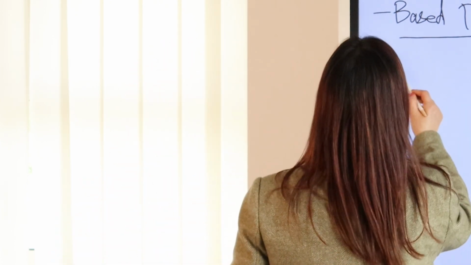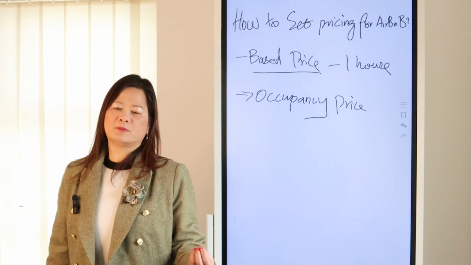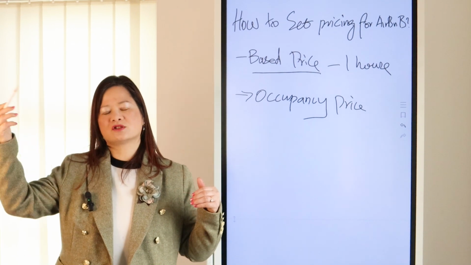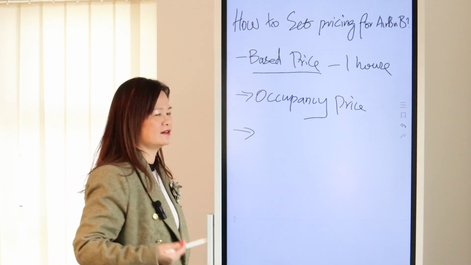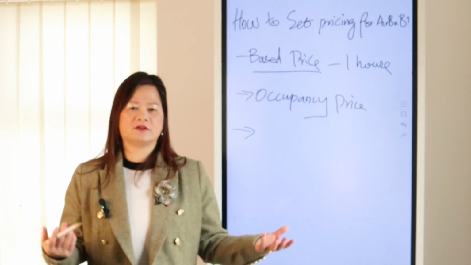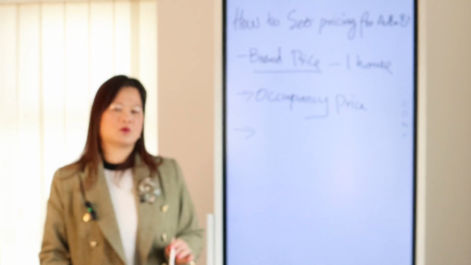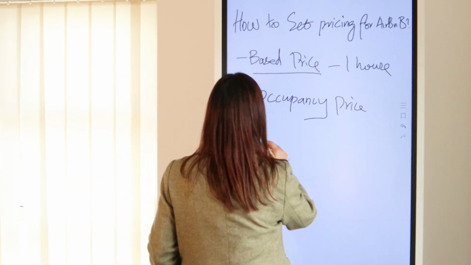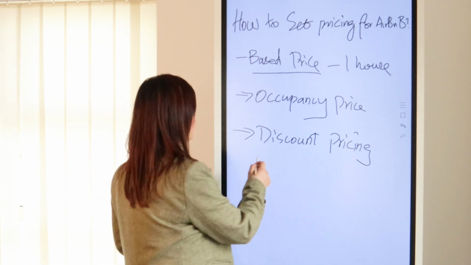We charge based on the occupancy. What does it mean? It means that we set a minimum number of people staying. Any additional person, we then charge extra. Then you also have a service charge in addition, cleaning fee and all of that. Now, in terms of pricing, what you can also watch out for, particularly on Airbnb, is that people do discount pricing. If you are giving discount pricing, it could be a 7-night discount.